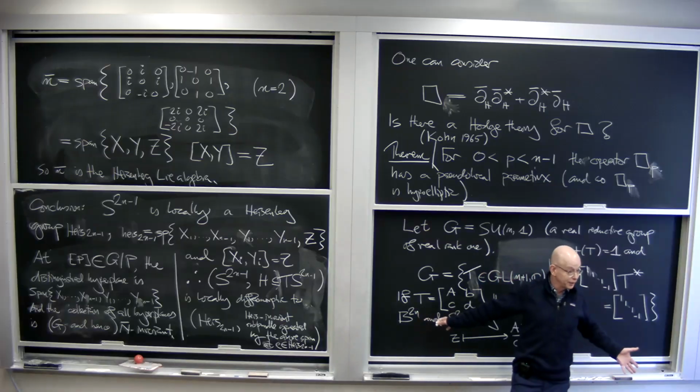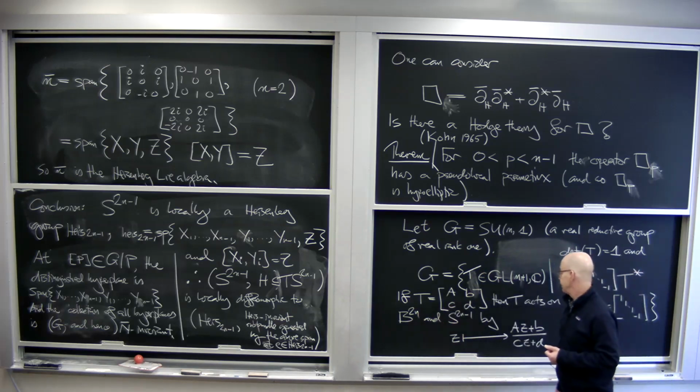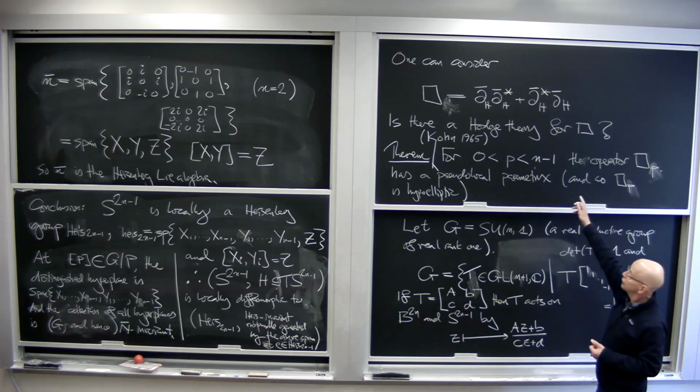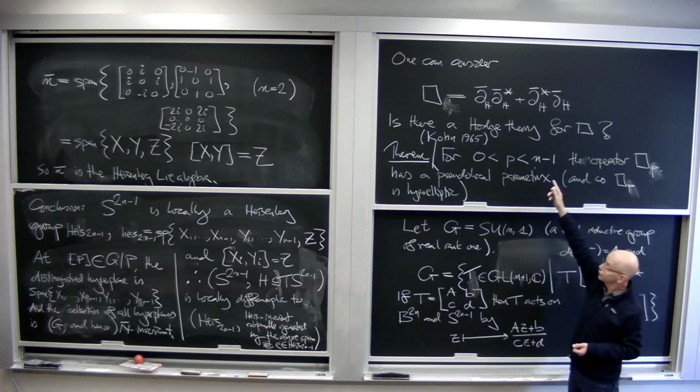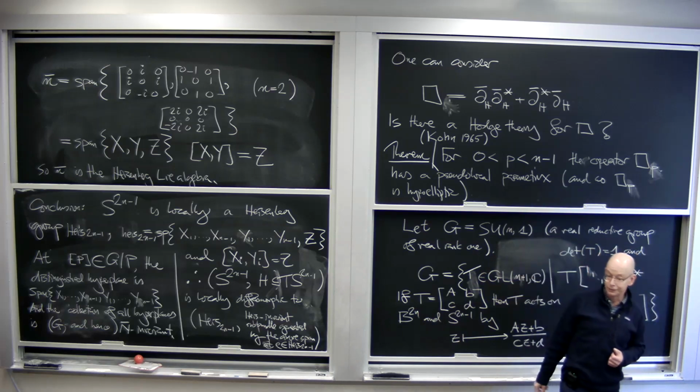You could attempt to use some Lie theory to understand this Kohn-Laplacian and Kohn's theorem, somehow using nilpotent groups. And of course, that's what we're going to try to do.